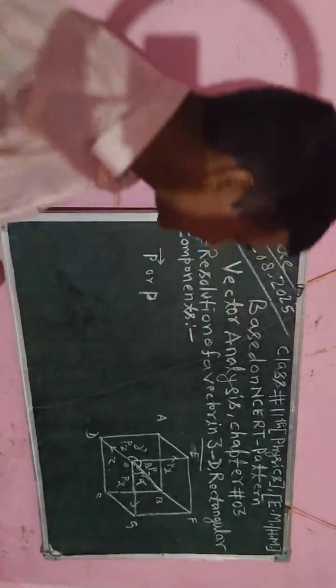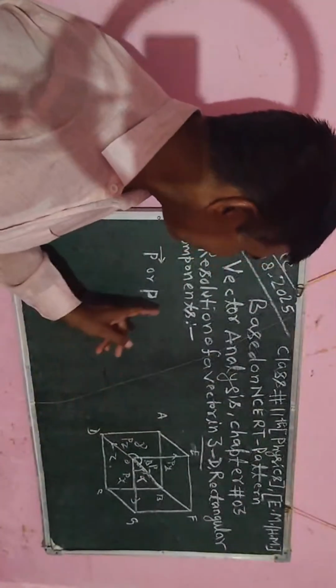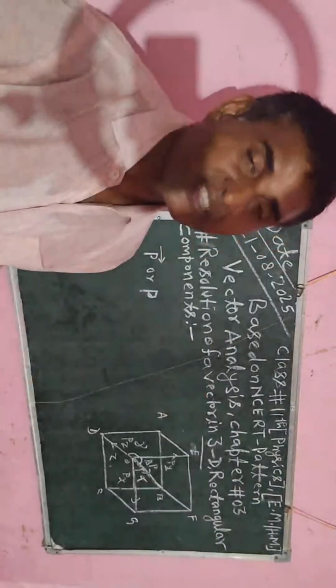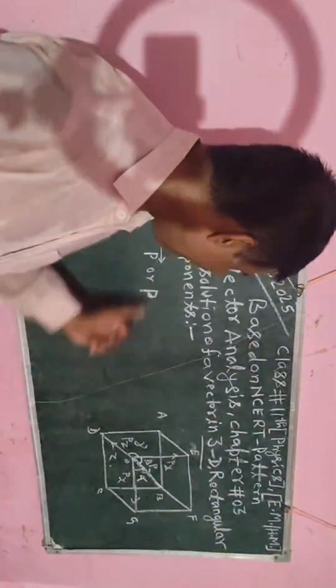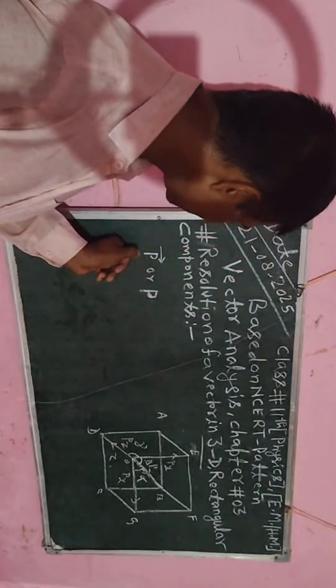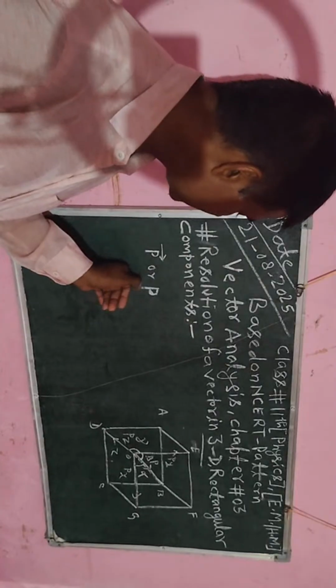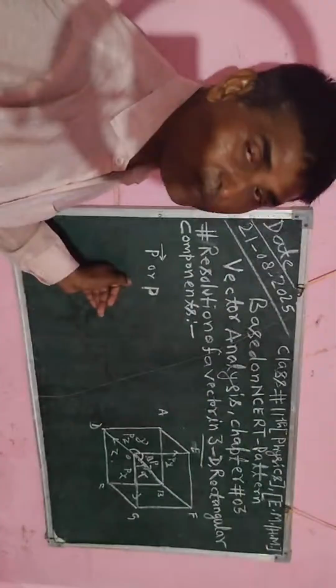Okay, these are the angles, and along these angles I have to write each component of the given vector. So here I will say I have to consider one vector whose name is P, and that vector can be written in this form, vector P, or I have to write the letter P in bold form. So both will represent the vector.